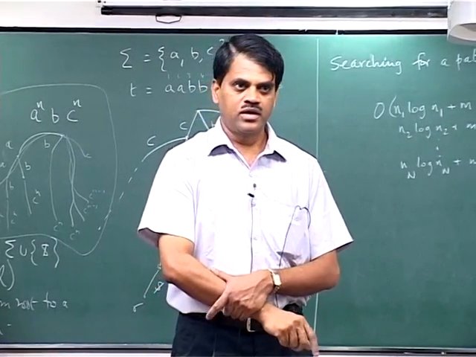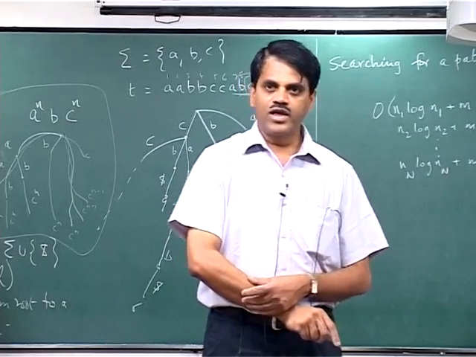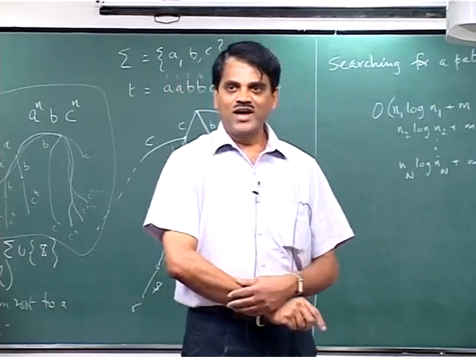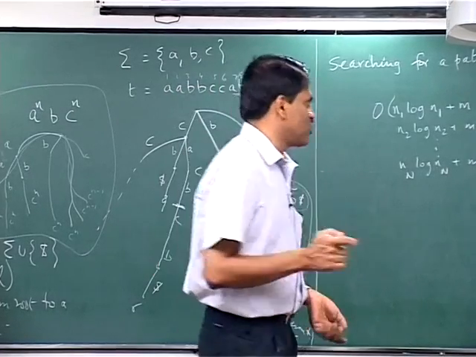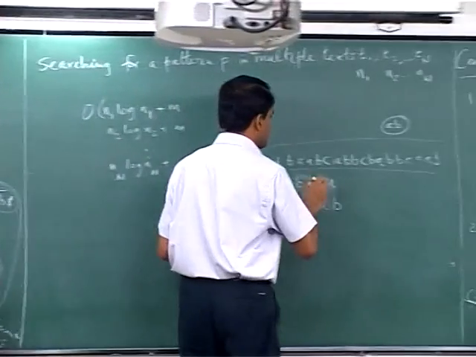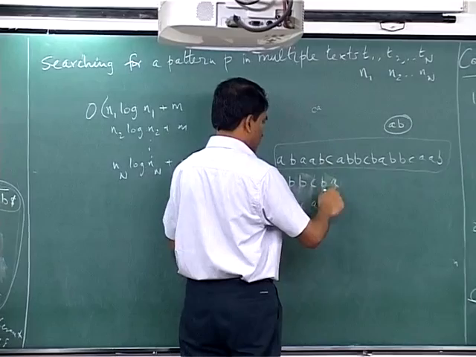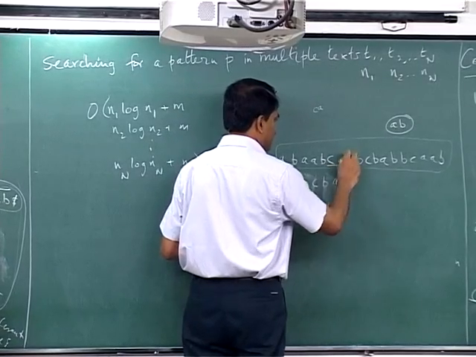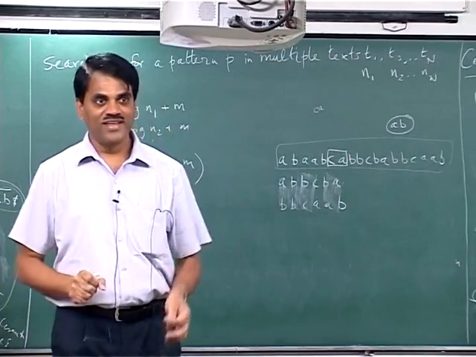The end of one text and the start of the next: you could spuriously report some patterns which are not there. For example, if I am looking for the pattern CA, it is not in any of the texts, but when I concatenate, it spuriously appears.